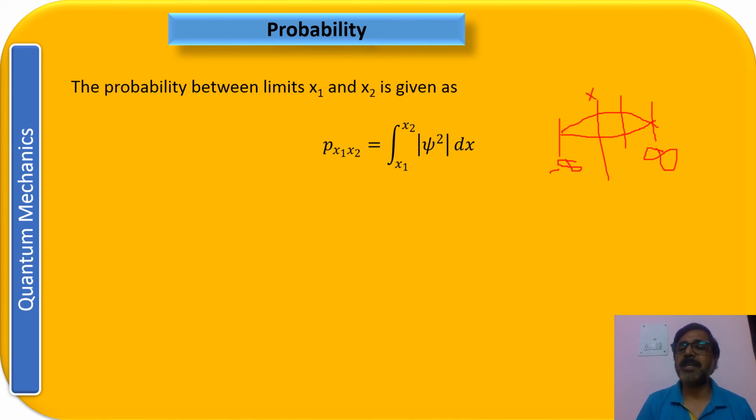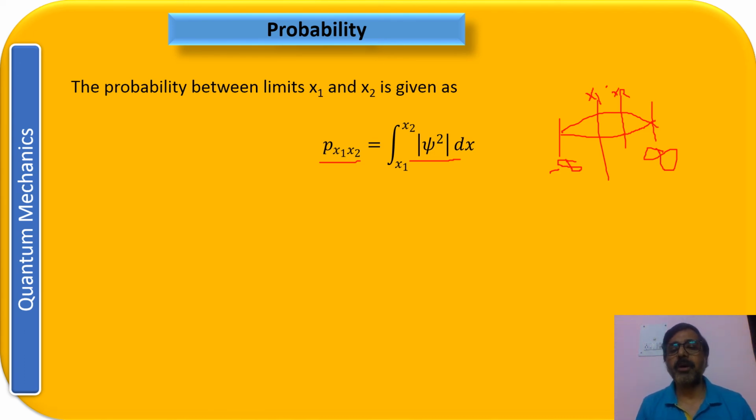Let us suppose those limits are x1 and x2. So what is the probability of finding the particle within a given limit? The probability between the limits x1 and x2, P x1 x2, that is the probability of finding the particle between x1 and x2, is the integral of mod of psi whole square dx from x1 to x2.